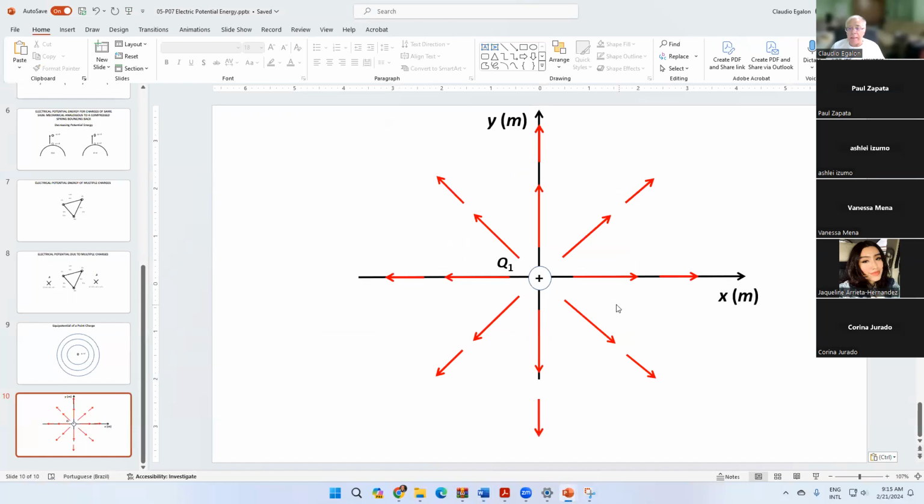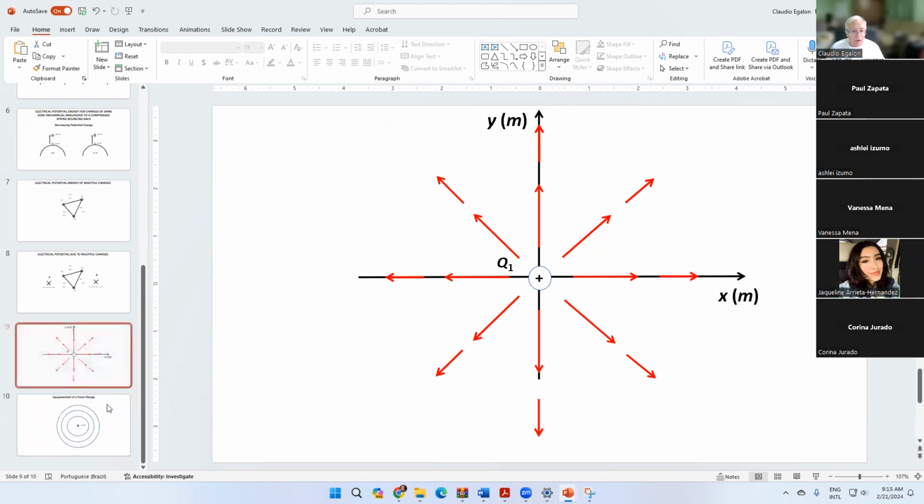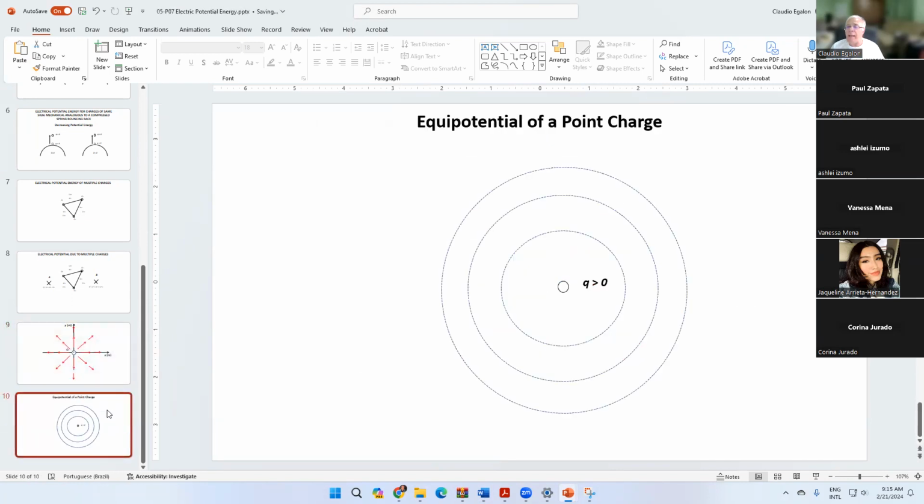So what does it mean? It means that the electric potential at this point must be the same as the electric potential at this point, which must be the same as the electric potential at this point, which is the same as the electric potential at this point, and so on, okay? Because this electric potential has what we call spherical symmetry, we can come up with an equipotential surface that's going to be a sphere as well.